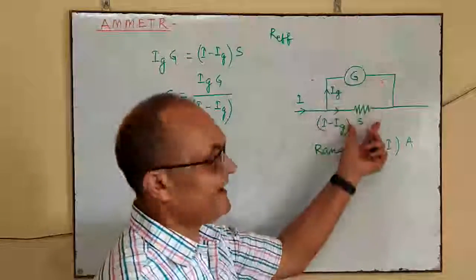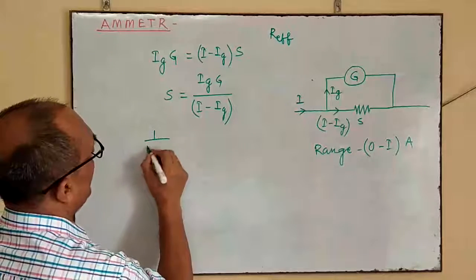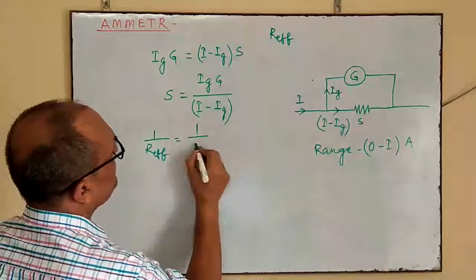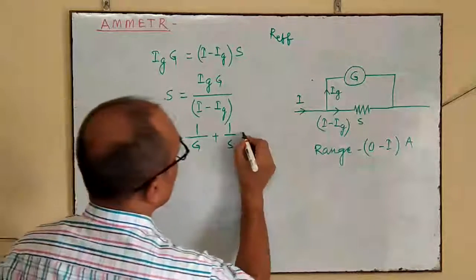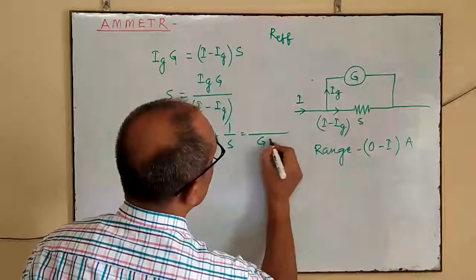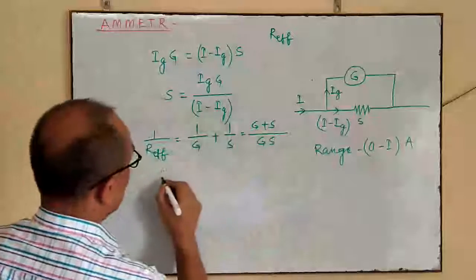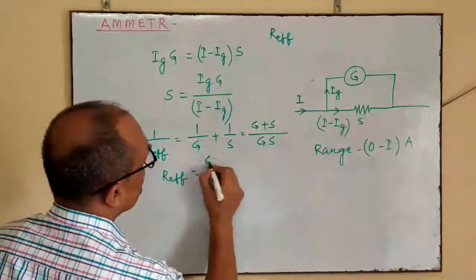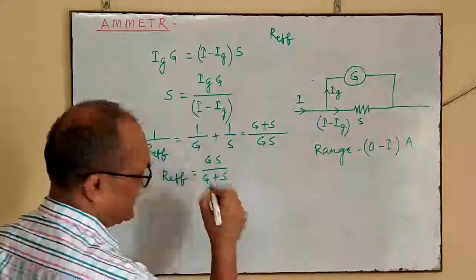Since G and S are parallel to each other, 1 by R effective equals 1 by G plus 1 by S. This equals G plus S over GS. So R effective is equal to GS by G plus S.